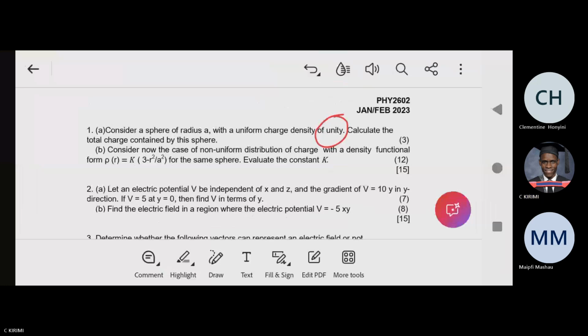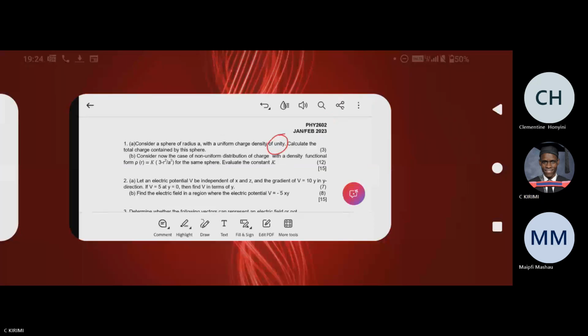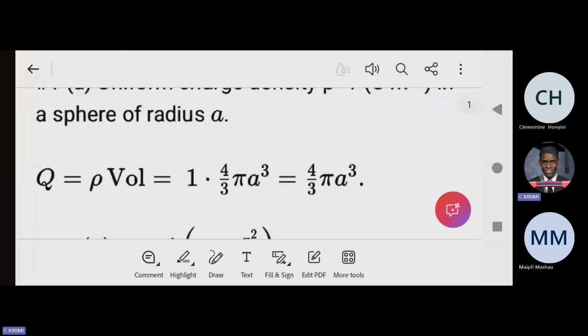So in case the charge density of unity is just rho equals 1, calculate the total charge Q in this sphere. So you are just looking for the value of Q. Q is the charge density times volume.